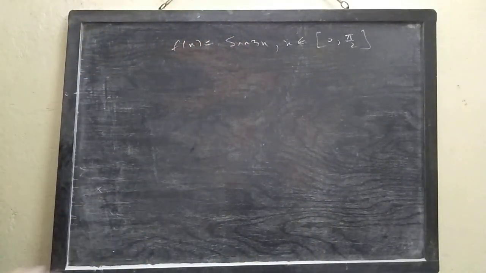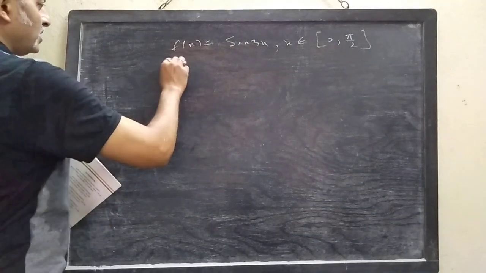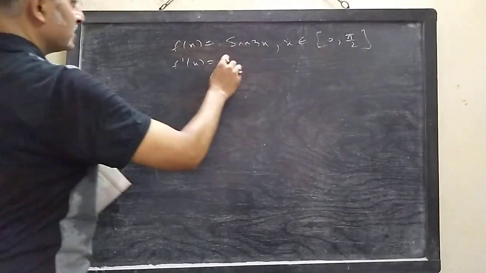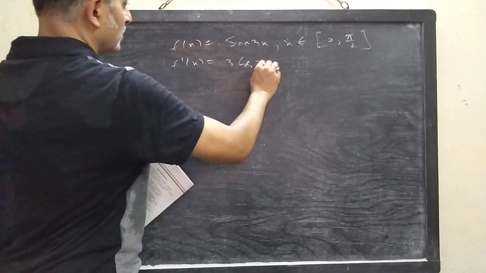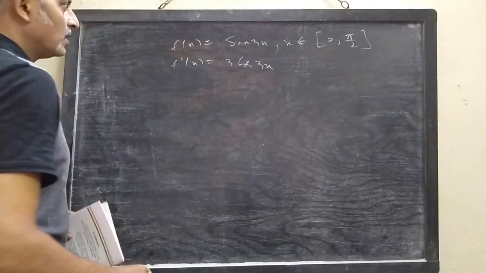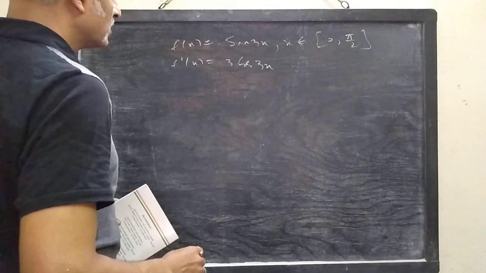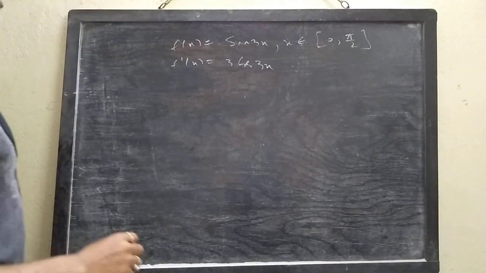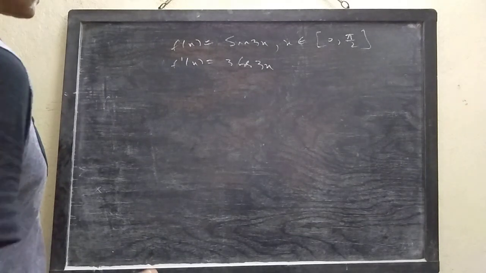That is, you have to study the function within this interval. Find the derivative f dash x, this will be 3 cos 3x. Now find where f dash x vanishes.